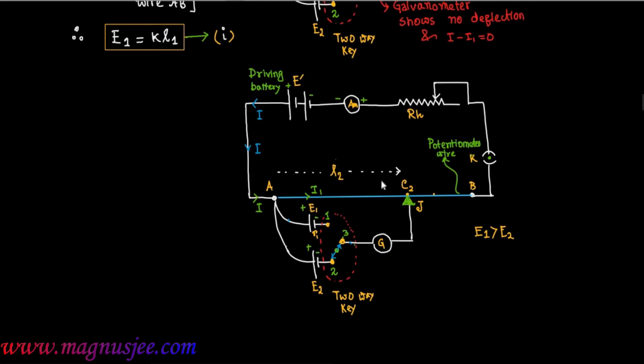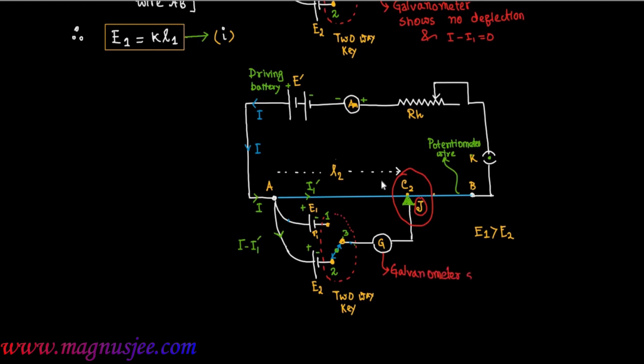At this point, when the jockey J is touched with the point C2 of the potentiometer wire AB, galvanometer G shows no deflection. We can assume that current I prime flows through the arm AC2, but the current I minus I1 prime will be flowing through the arm AE2C2.